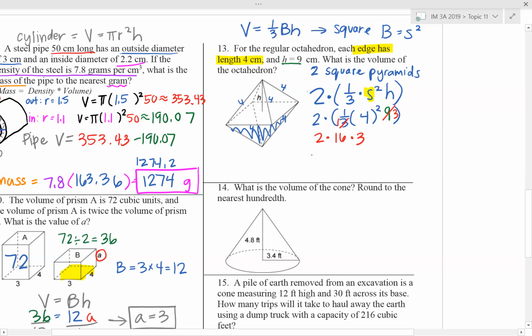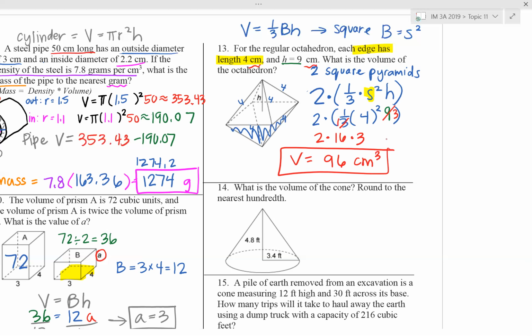That means the volume is 96, and our units were centimeters, so that's cubic centimeters. So again, even though it's showing you this regular octahedron with 8 equilateral faces, think about it as though you have 2 square pyramids with a base side of 4 centimeters, and the height of the pyramid is the number given, 9.